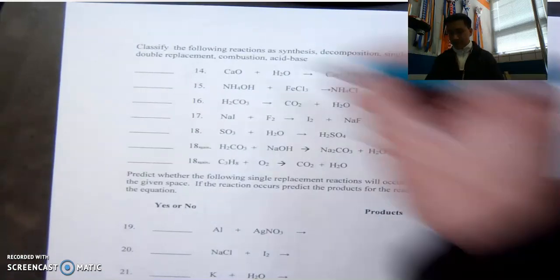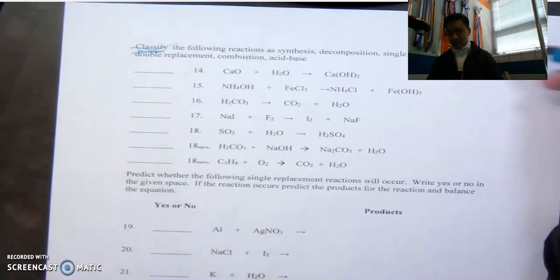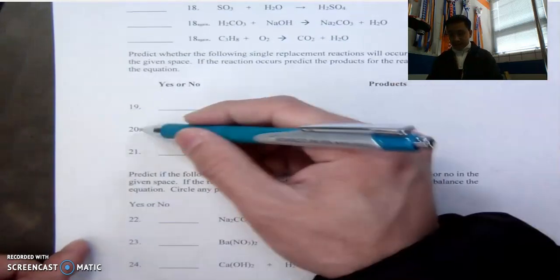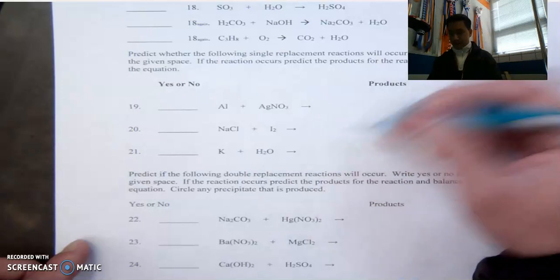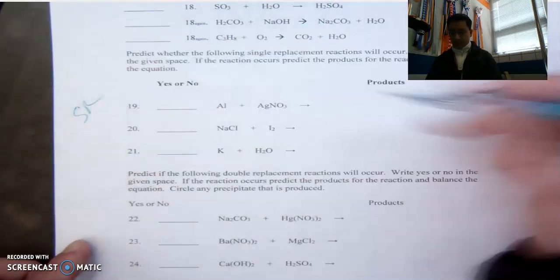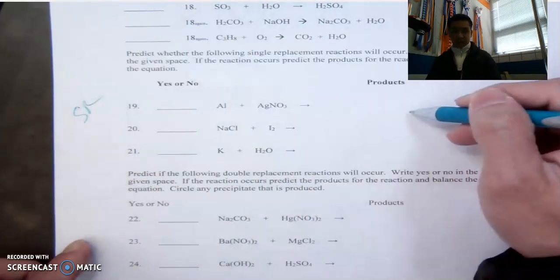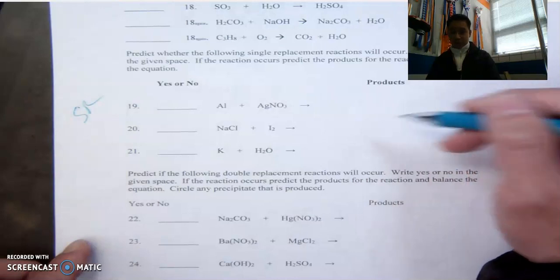Just identify. Classify the type of reactions. This will be on your test again. 19 through 21. Carry out the single replacement again and get the product. Tell whether a reaction will occur or not.